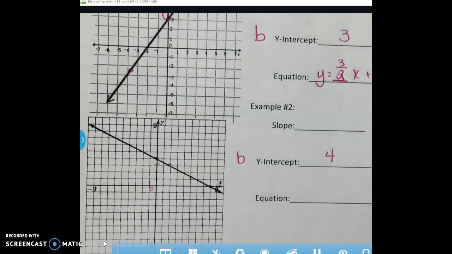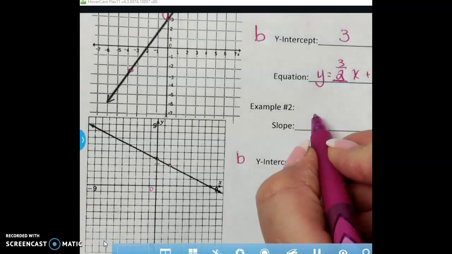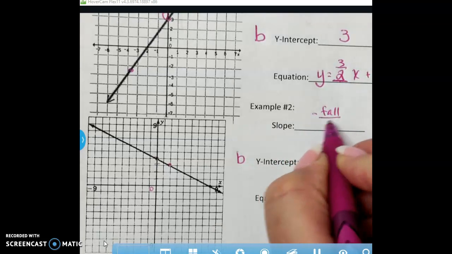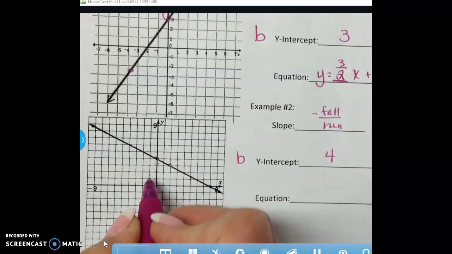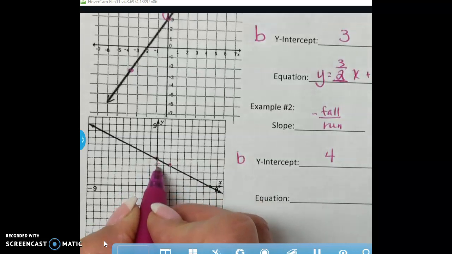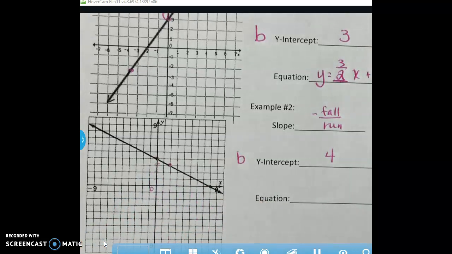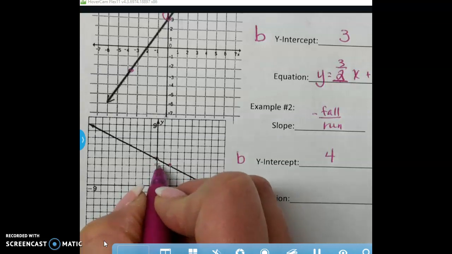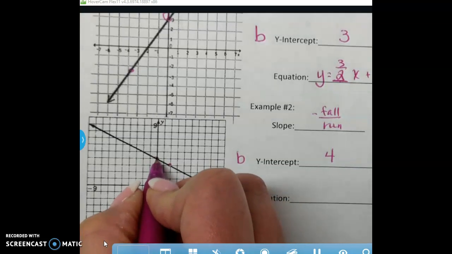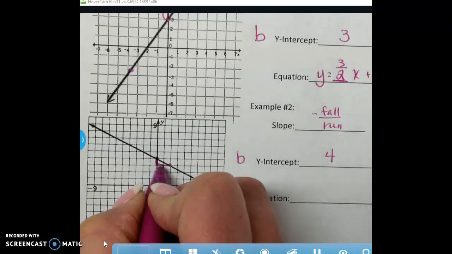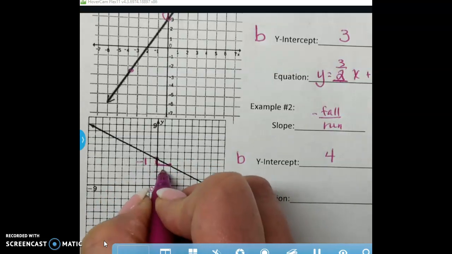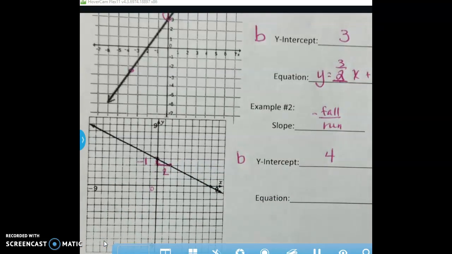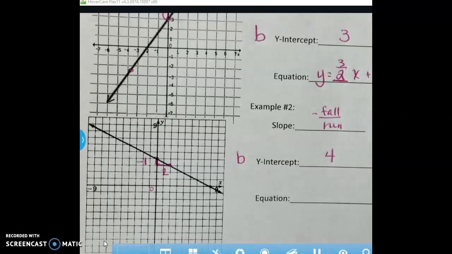Here we go. So I have a negative slope. I will actually use fall over run because I'm noticing a trend of decreasing behavior. My values are decreasing. So how many times am I falling? 1 and then 2. So I'm falling 1, running 2, and that gets me to another point. You always want to double check that your observation can be confirmed and repeated once or twice or even more.